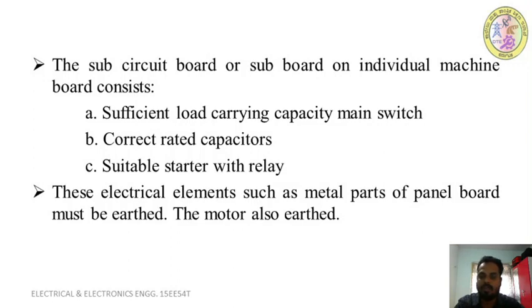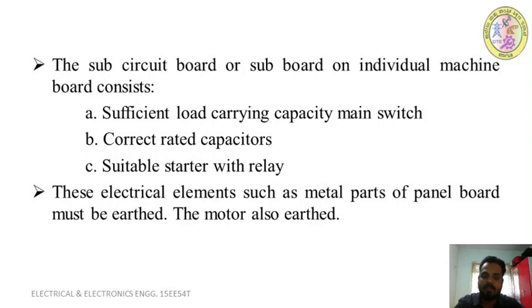These equipments are installed in the starter board of the individual machine, and that starter board is installed near the individual machine.